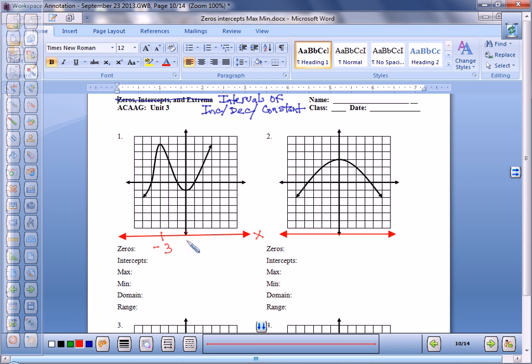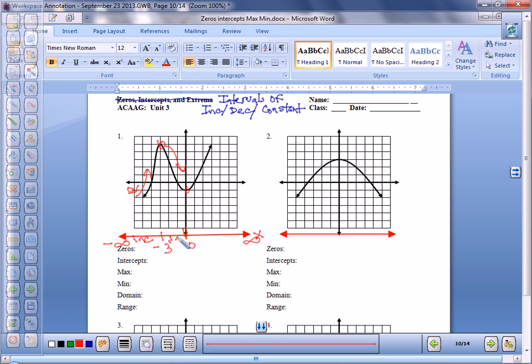All right, what's happening between -infinity and -3? Here's Dude Man on the ride. What's he doing? He's increasing. And then what happens to get us from here to here? What do we have to do? Decrease. And then what happens here? We increase.